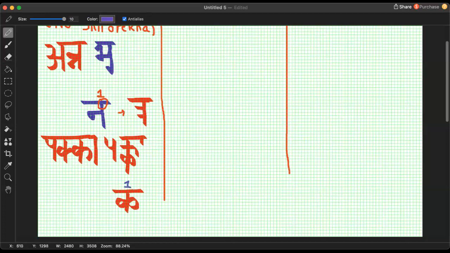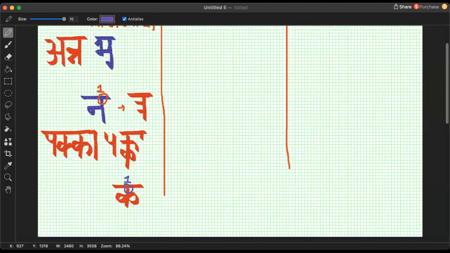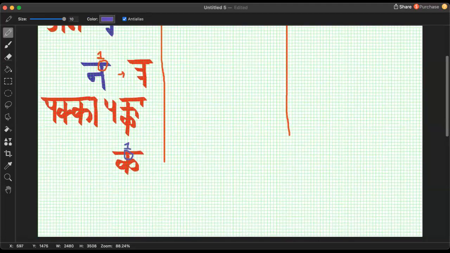Only one time it is touching here. In this scenario, what happens? This Shiroreka will not be seen. It will use the Shiroreka on the alphabet above that.